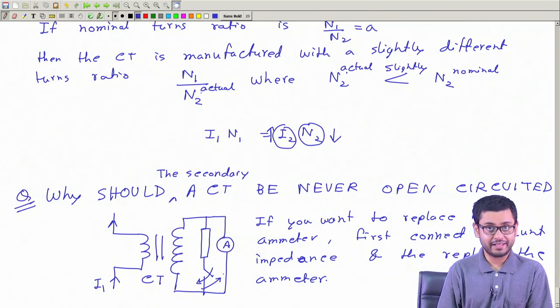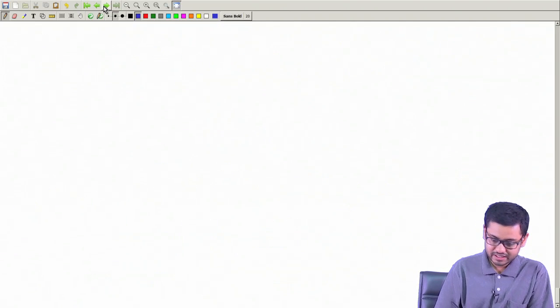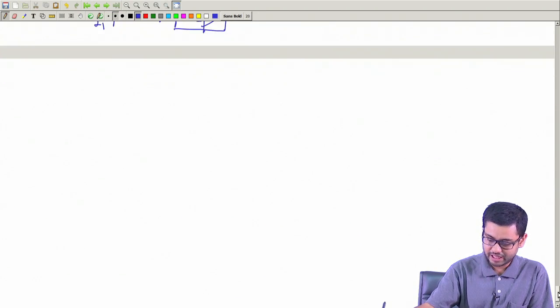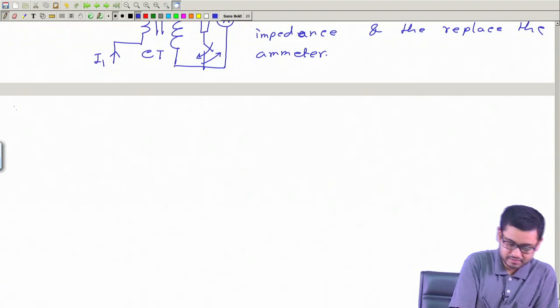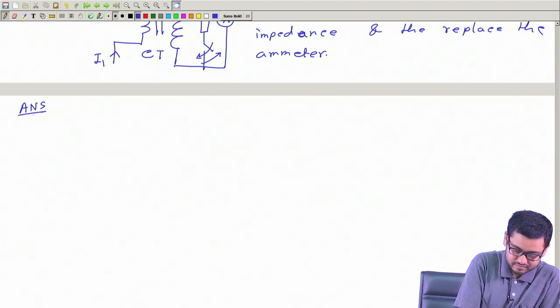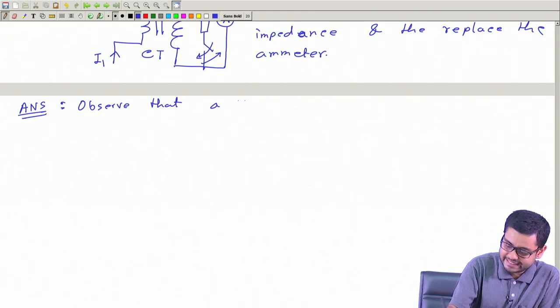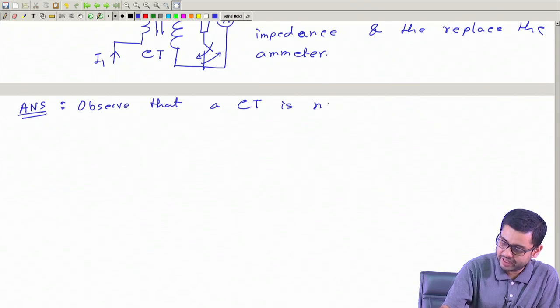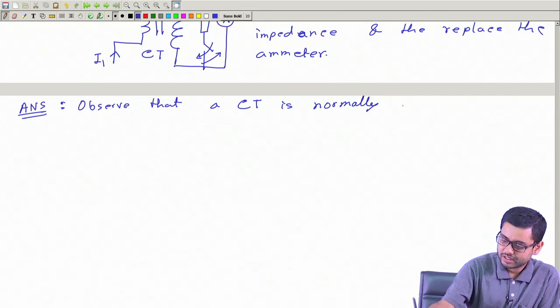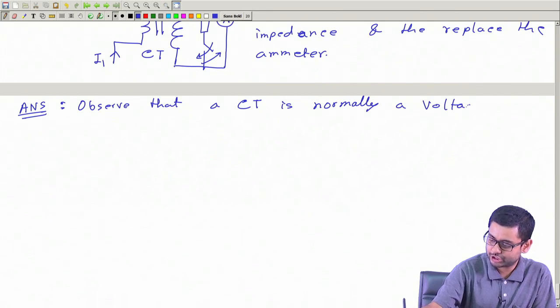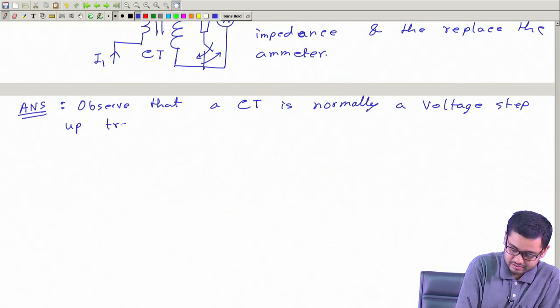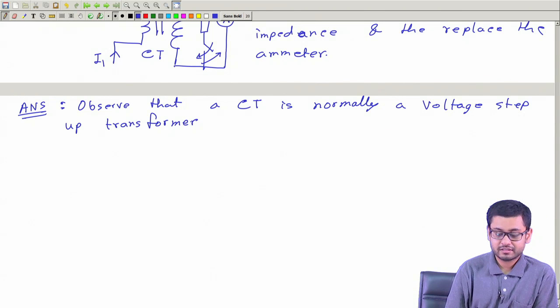Now the question is why? The answer is as follows. First, observe that a CT is normally a voltage step up transformer. Why?